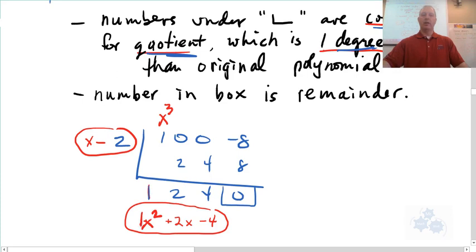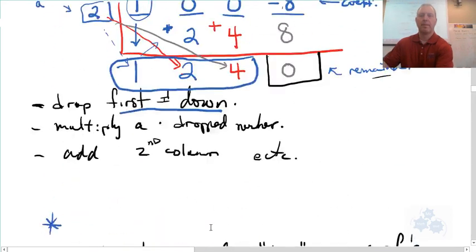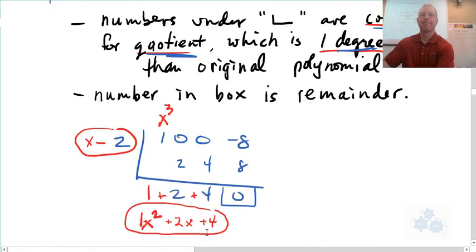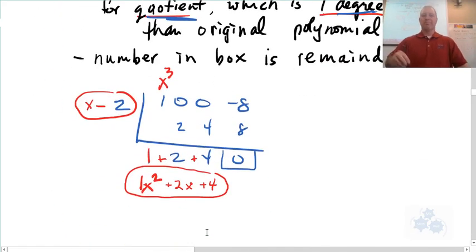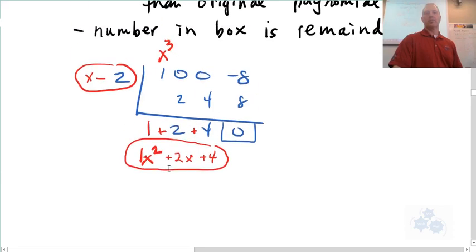So we've got 1x squared plus 2x, plus, should be a plus, plus 4. That's right. So that's how you can get your quotient. And trust me, this is going to be a lot quicker once you get the hang of it than long division. It's going to be much, much quicker.